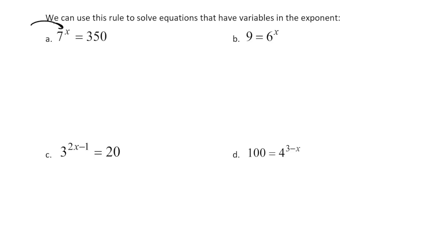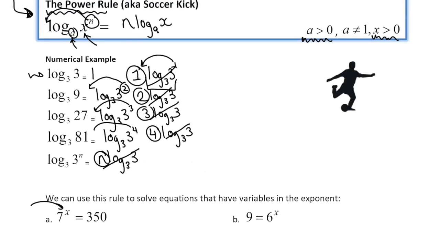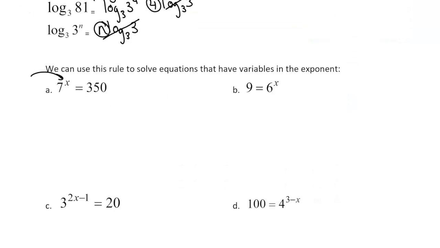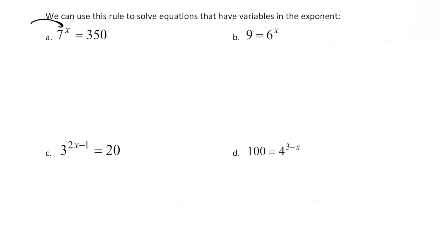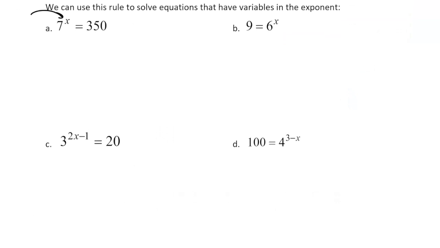Fresh from our rules is this idea of using the power rule. And so what we could do is say something like this. Whatever you do to one side, you do to the other side in algebra. In the same way that you could square both sides, square root both sides, times both sides by 2, we could log both sides.